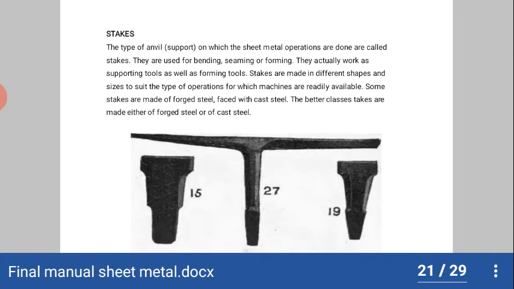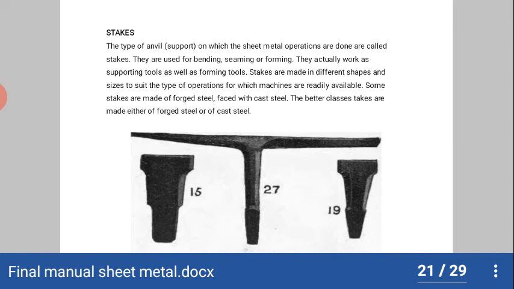Next is stake. Students, the type of anvil or support on which the sheet metal operations are done are called stakes. They are used for bending, seaming or forming operations. They actually work as supporting tools as well as forming tools.